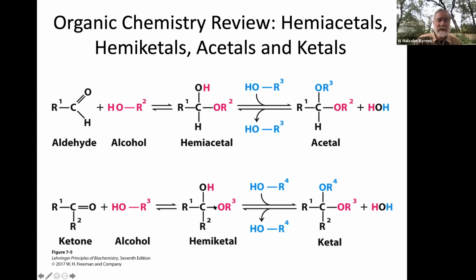So how's it different? Hemiketal has an R group here rather than a hydrogen of the hemiacetal. And then when another alcohol reacts, it forms a ketal now and water. So that's a little bit of review there. And we're going to see how this is relevant in just a minute.